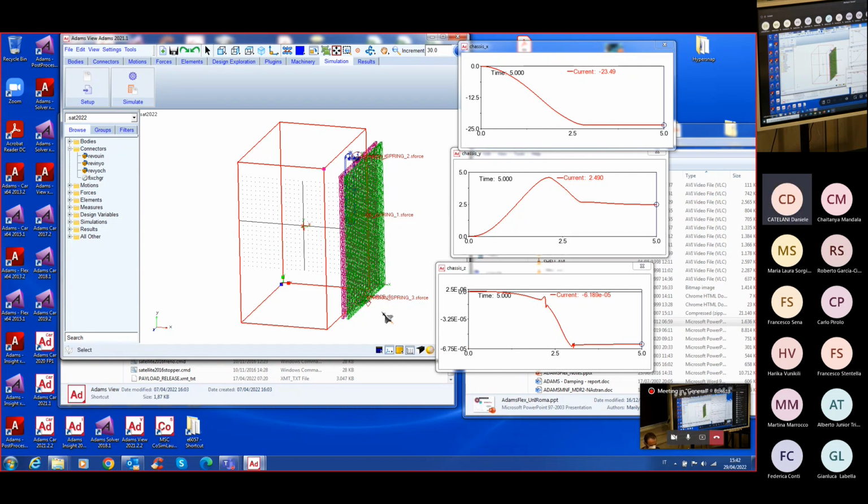To do it, I can use a so-called proportional-integral-derivative controller. The proportional controller controls the displacement. The derivative controller controls the derivative of the displacement, which is the velocity, and the integral controller controls the integral of the displacement error.